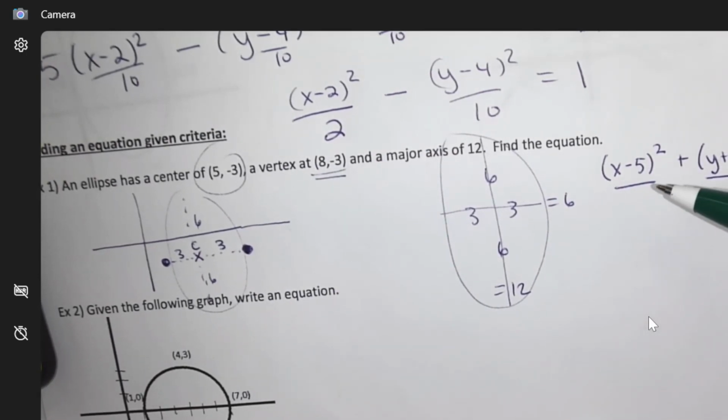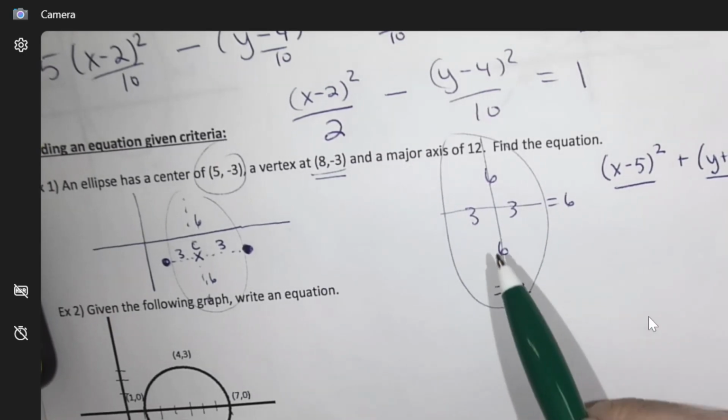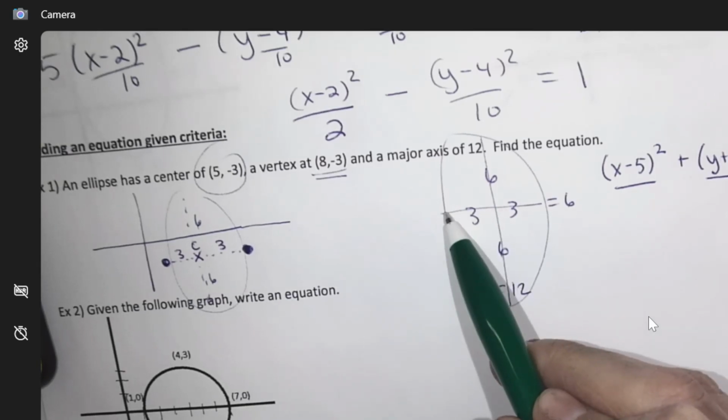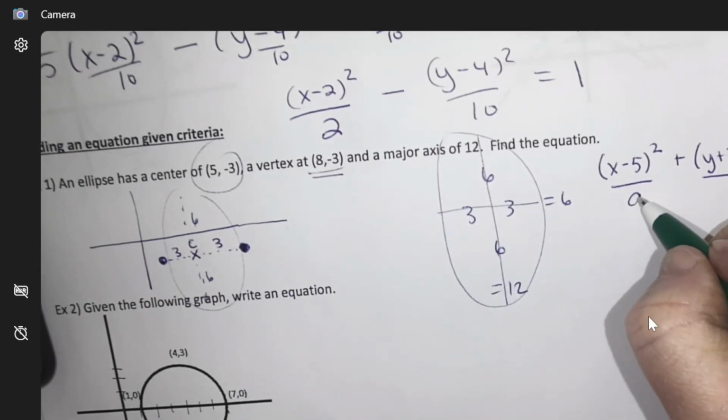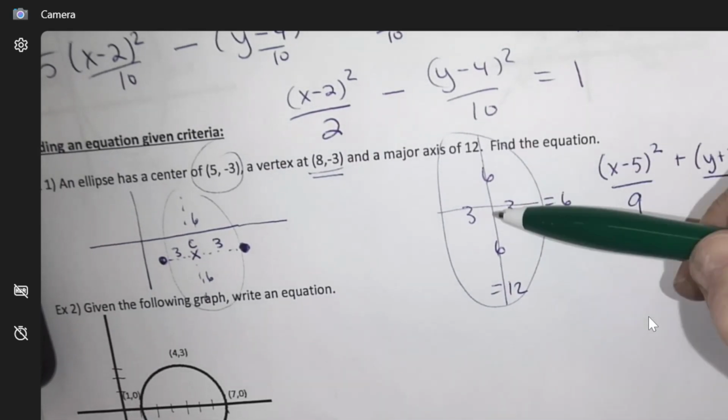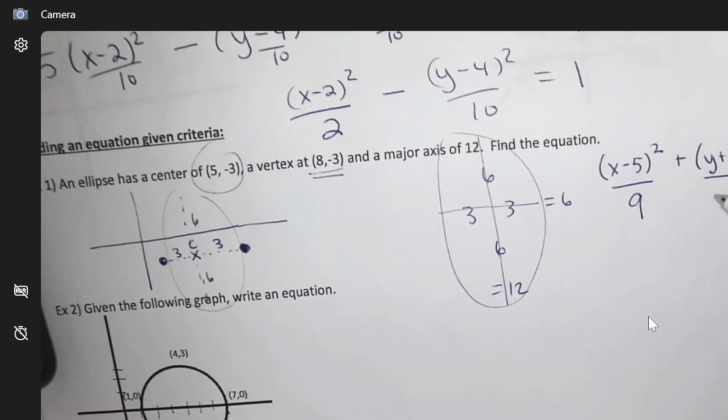And under the x, so what were we doing horizontally? We were jutting out 3 and 3, so then this would be a 9. And under the y, how much were we jutting out vertically? 6, so that's a 36.